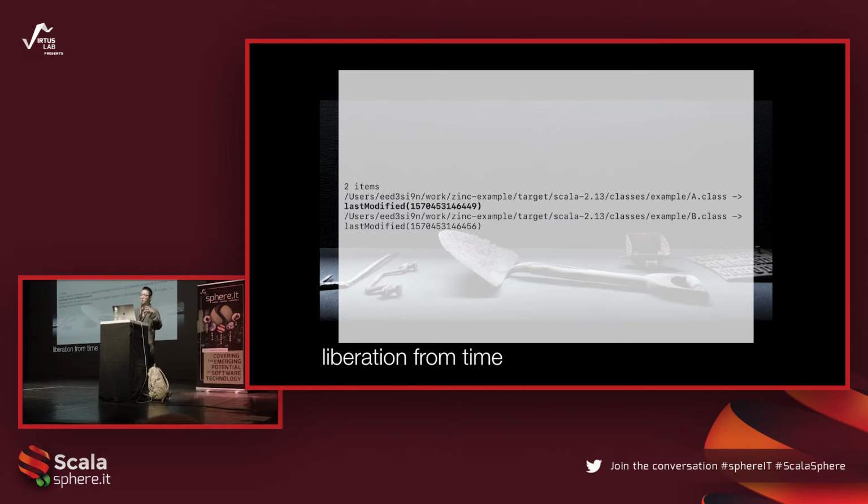Inside of Zinc, here we see last modified, right? That's kind of weird because why does it matter what time you woke up last night and typed compile? Should that affect the jar? It should never, right?